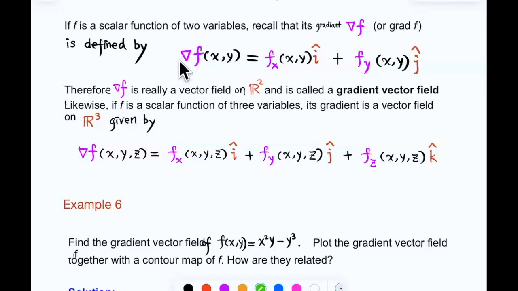The gradient of a scalar function in two variables is a vector field in V2, and the gradient of a scalar function in three variables is a vector field in V3.